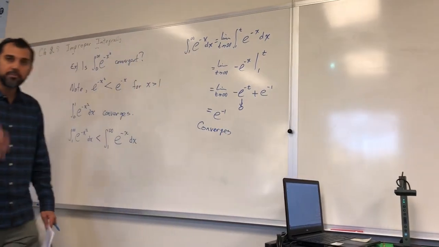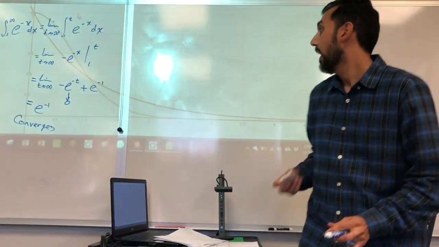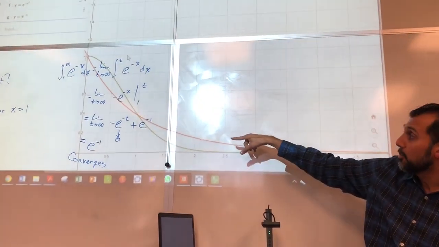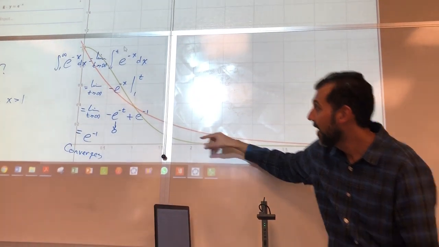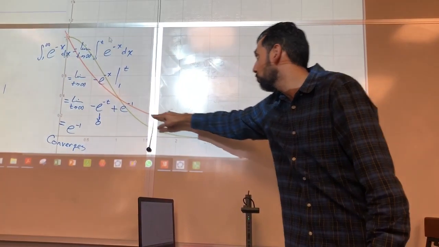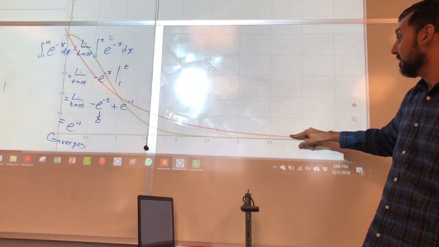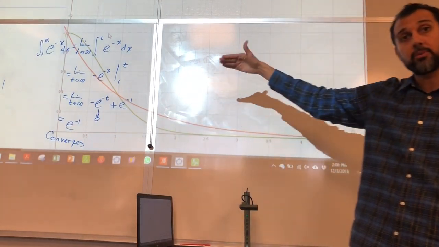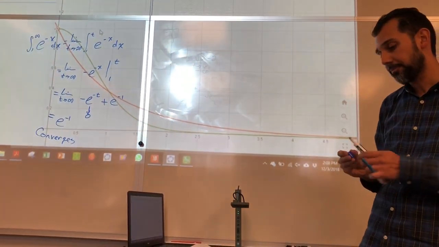So if you've got a function that converges, and you're trying to compare it to another function that's less than this one right here, then this other one must converge as well. So again, if this red line converges, then the green one must converge as well, since the green one's always less than the red one.